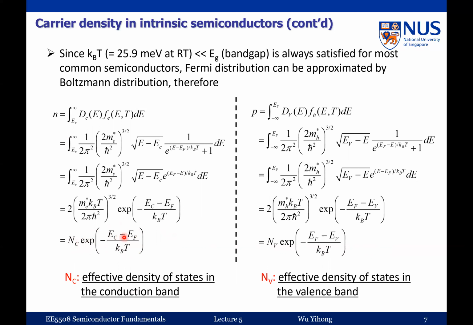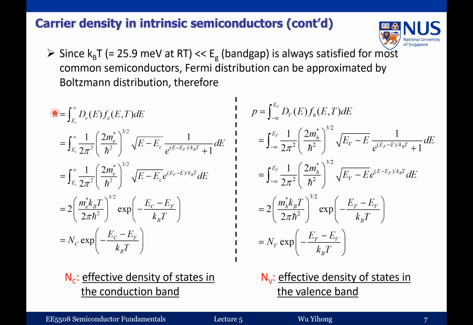And when EF is approaching EC, the exponent will be 0, so the exponential factor will be 1. When this is 1, n is equal to NC. So NC is a very interesting number, right? And of course, when EF is larger than EC, this number will be very large.